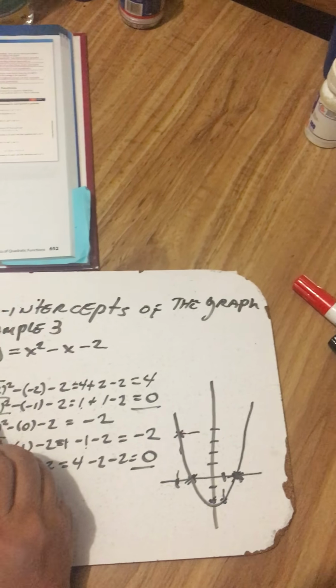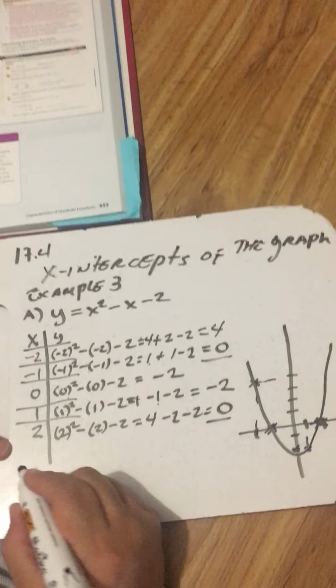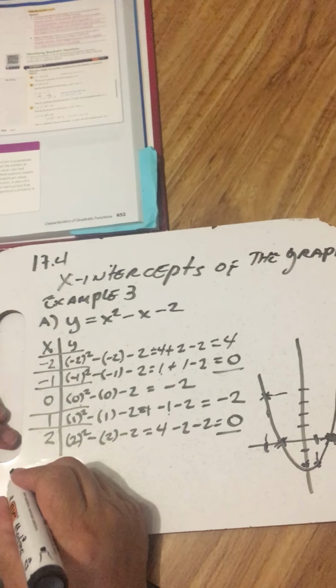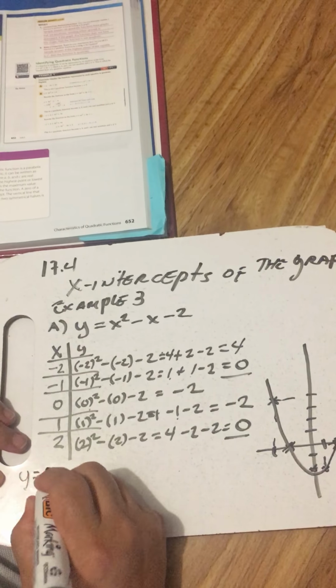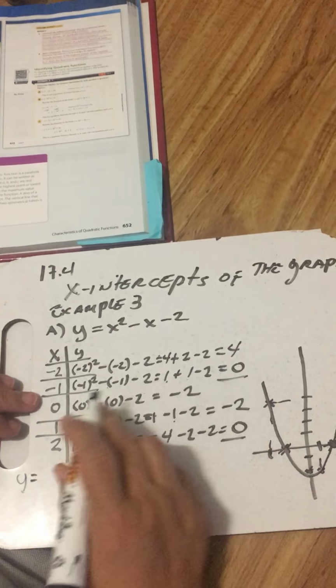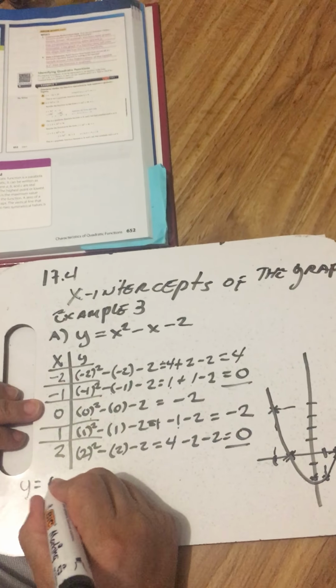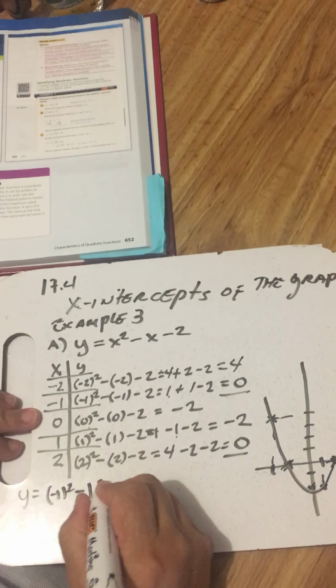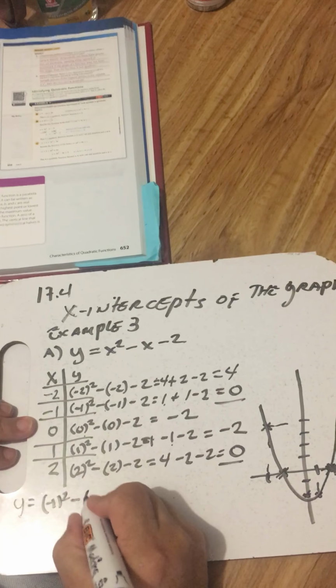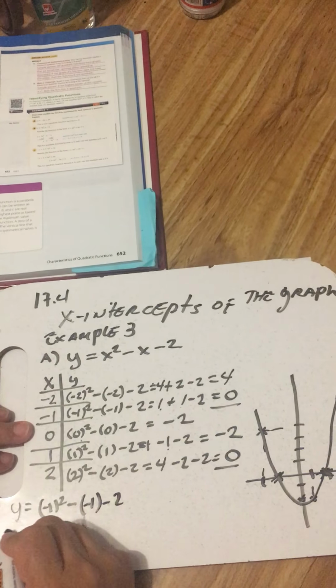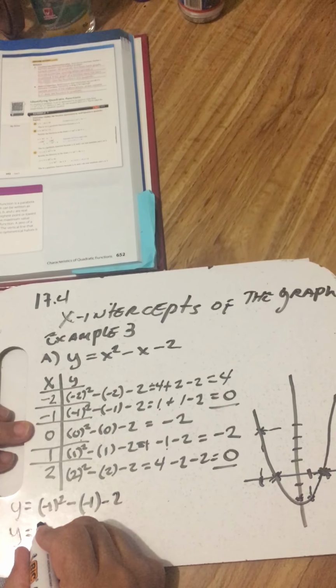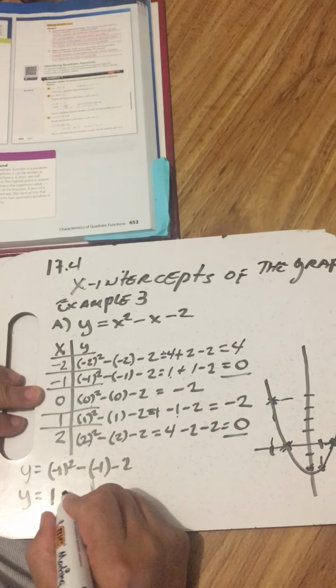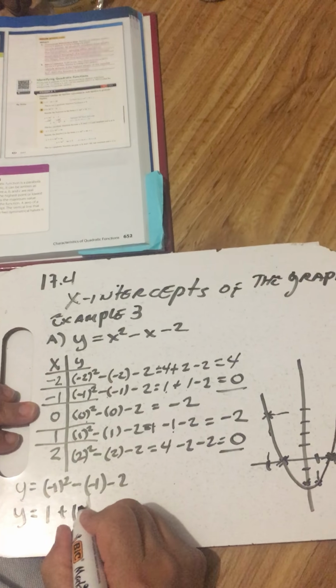Now we check, we substitute the values. We obtain y equals, the value is going to be minus 1, it's going to be minus 1 squared minus minus 1 minus 2. Then y is equal to 1 plus 1 minus 2.